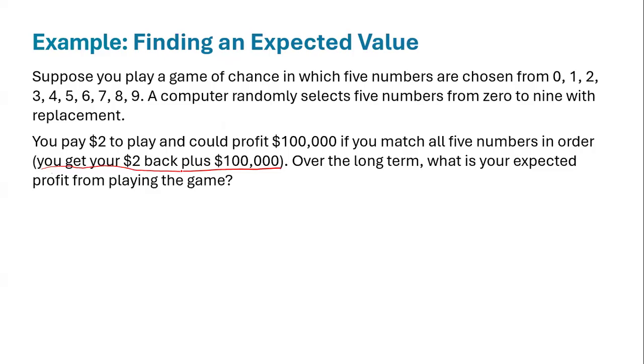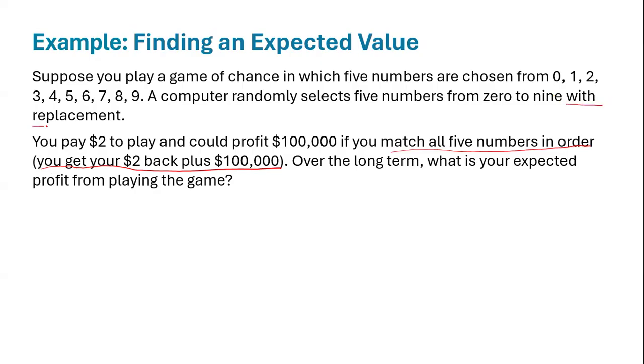The probability of winning $100,000: it says you will win $100,000 if you match all 5 numbers in order. So you select 5 numbers from 0 to 9, with replacement.